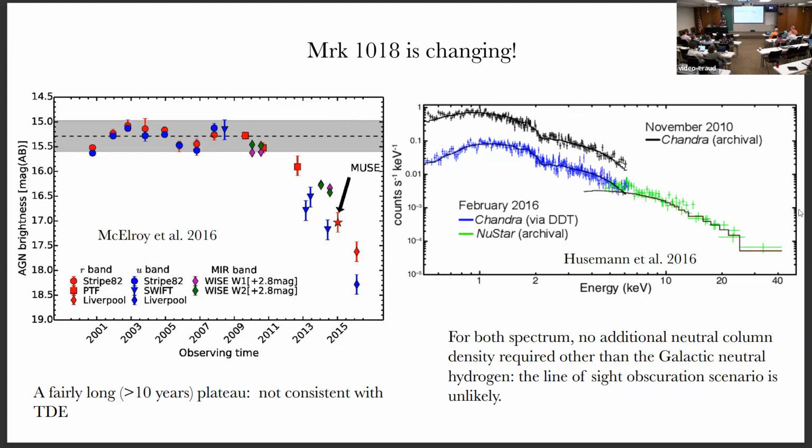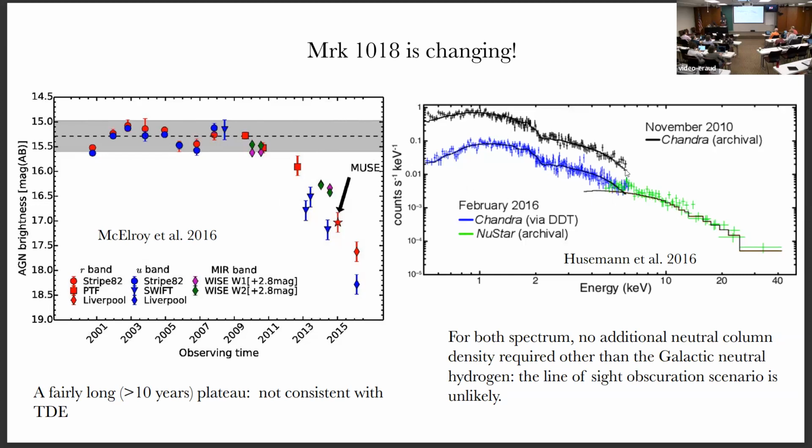So based on these, they argue that if it's a TDE event, this constant brightness for more than 10 years is unlikely. So they actually think that it's not likely a TDE event.